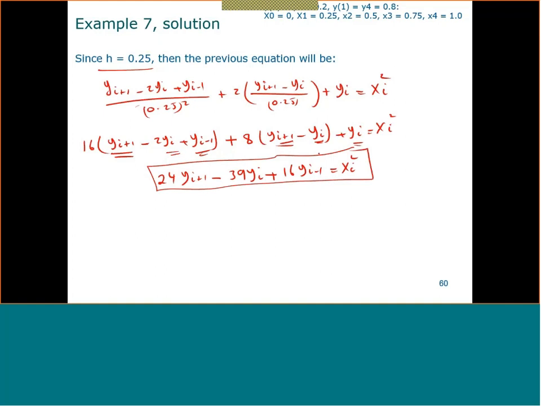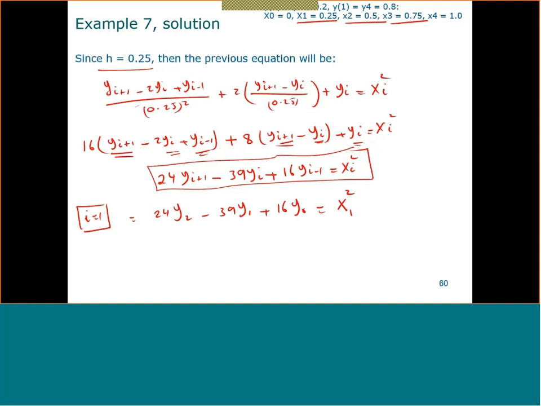Now we have 3 conditions, x1, x2, and x3, or i equal to 1, 2, and 3. So at i equal to 1, we will have 24 y2 minus 39 y1 plus 16 y0 equal to x1 squared.